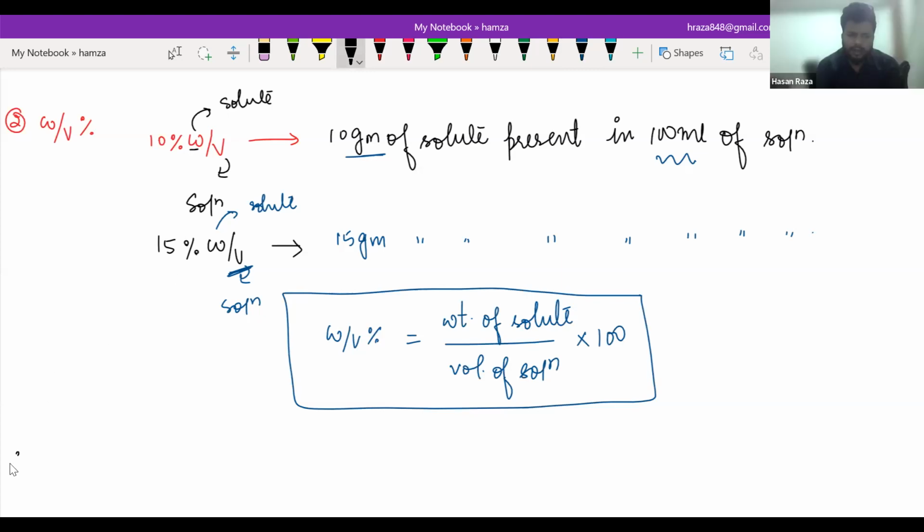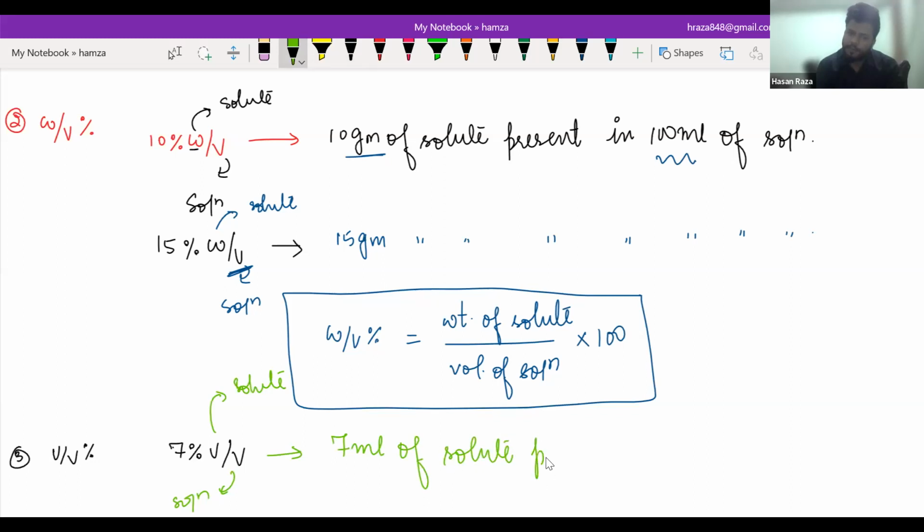And in the same way, we can write about volume by volume percent. You can see if it is given that 7% volume by volume. I already told you that this is for solute and this is for solution. Now see, this is 7% volume by volume. Since it is volume, we will use ml. 7 ml of solute present in 100 ml of solution.